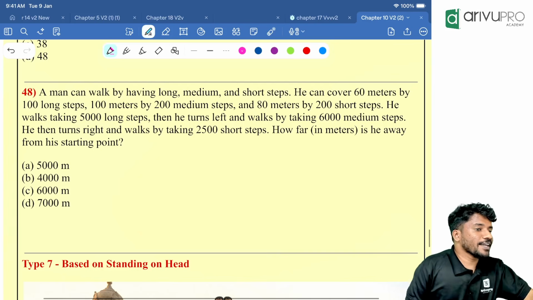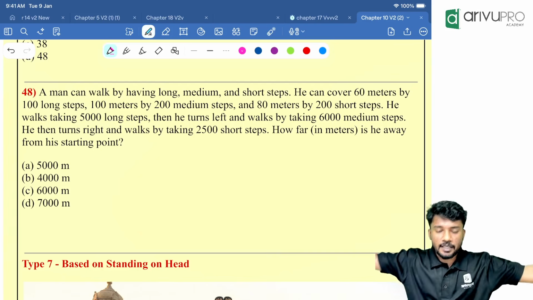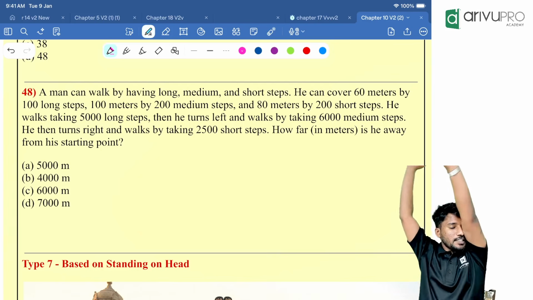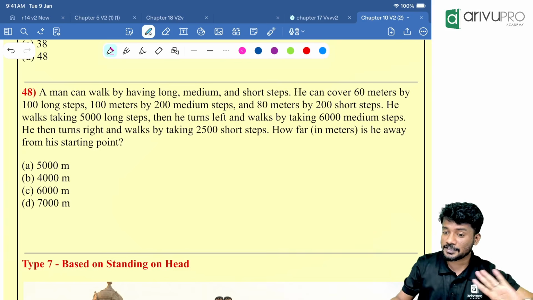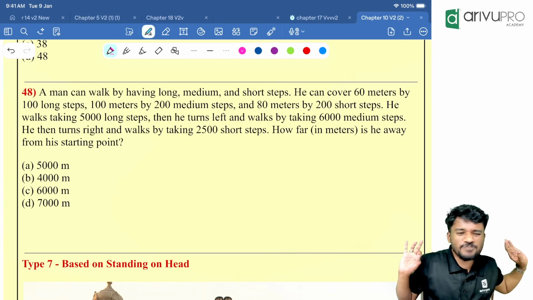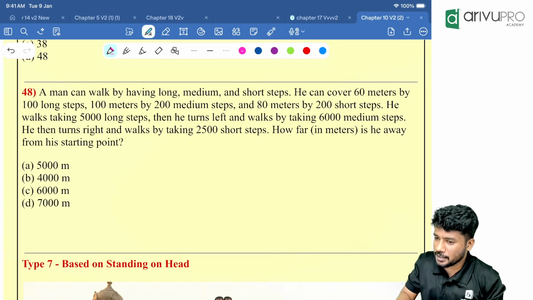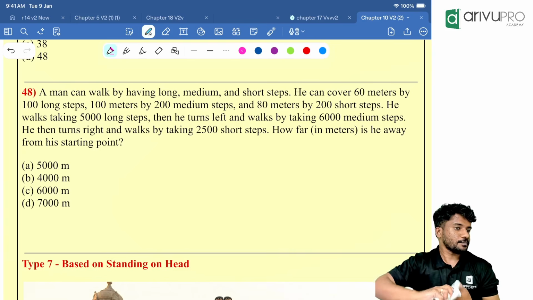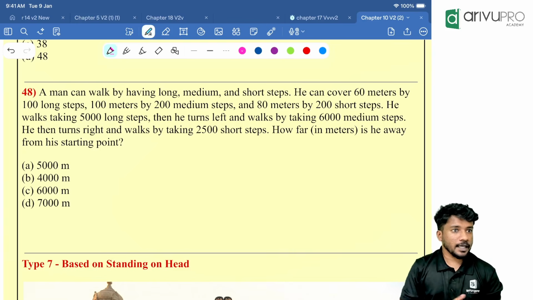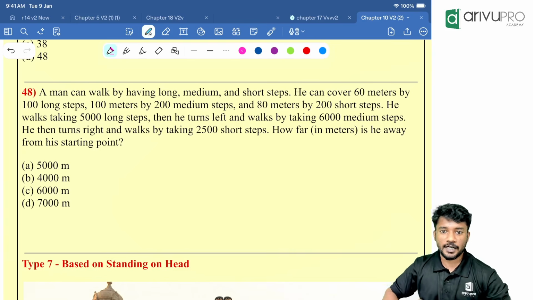Solve this. It's a very interesting question. The final question. Please solve it. This is one of the worst questions asked in the previous year from direction test, but one of the most practical questions asked regarding direction test. Please solve it for me. Solve and give the answer. Come on, you can do it.